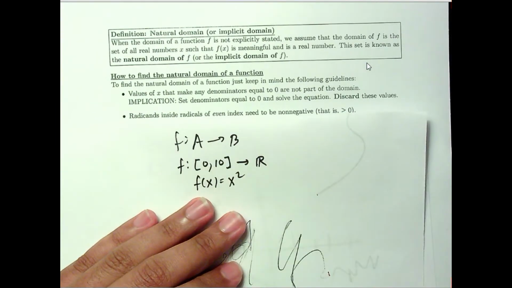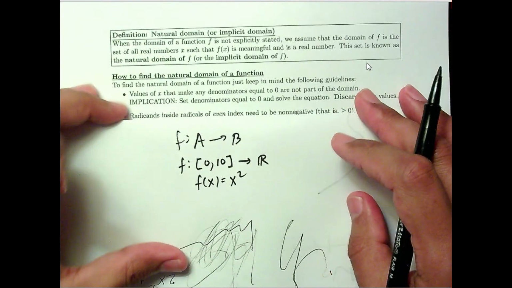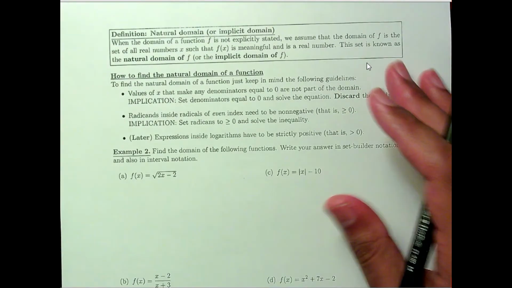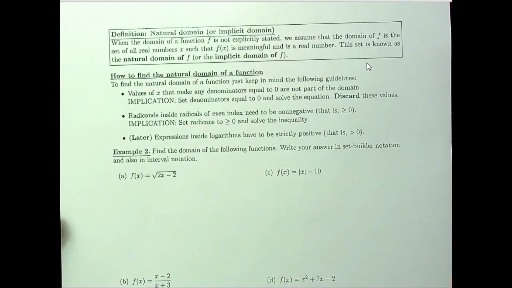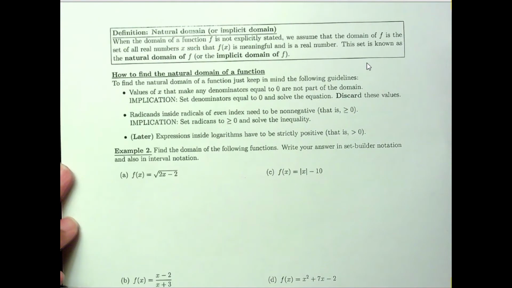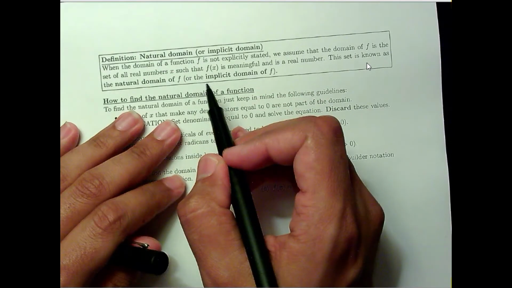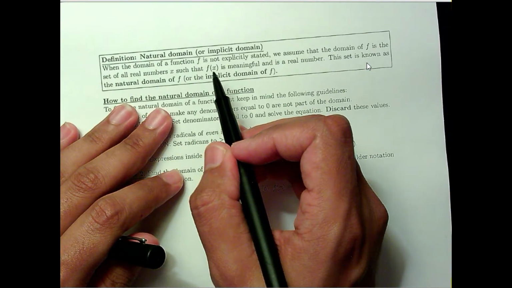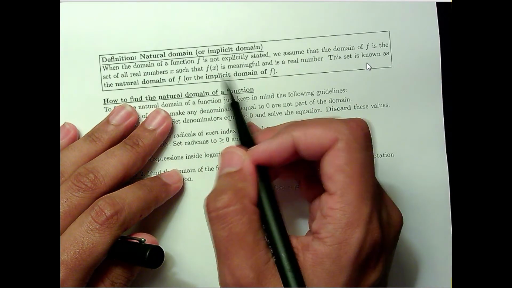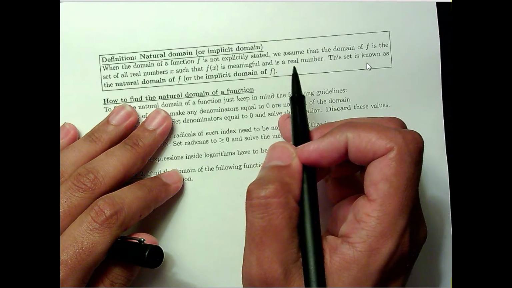End of the story. Sometimes they don't tell you explicitly what is the domain of a function. In that case, you assume that the domain is all the numbers for which the formula makes sense. All the numbers for which the algebraic expression for the formula f of x is meaningful, meaning you can plug in there and get back out a real number.